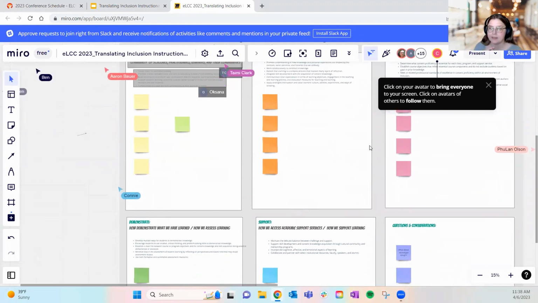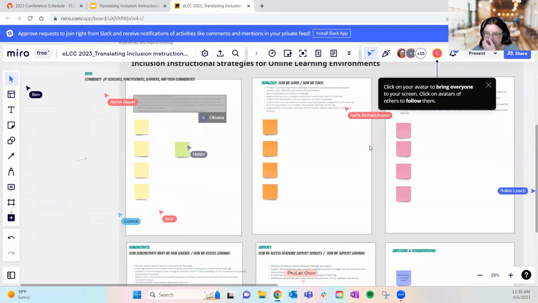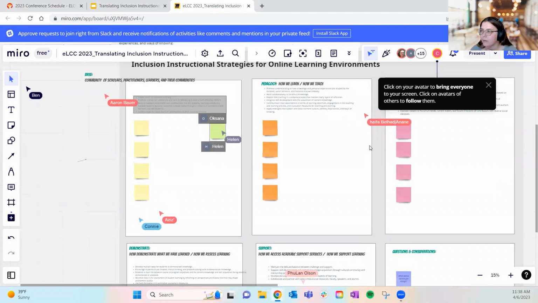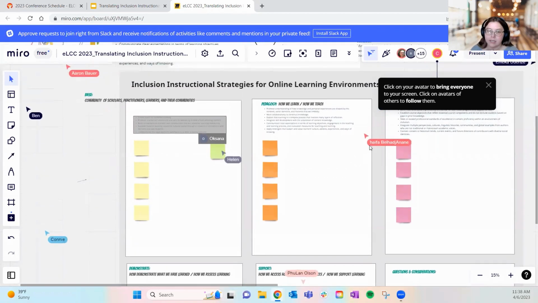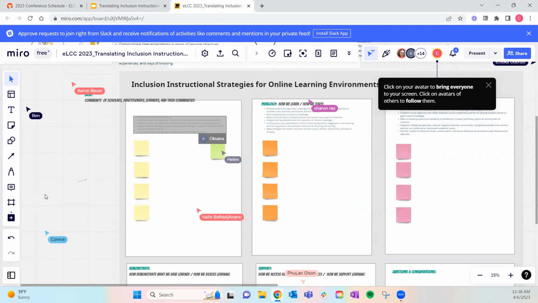So I say let's give it like 2 more minutes, and then Jesse, if we can do some small breakout rooms for folks to be able to brainstorm and put something together on the Miro board, just to give people a chance to communicate with each other in that way too, that would be great. Yeah, how many breakout rooms would you like?